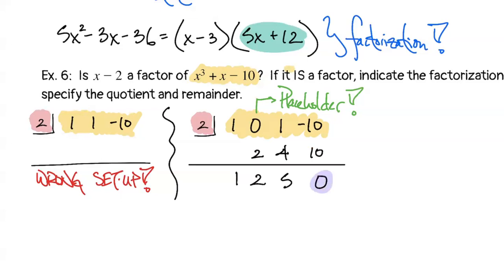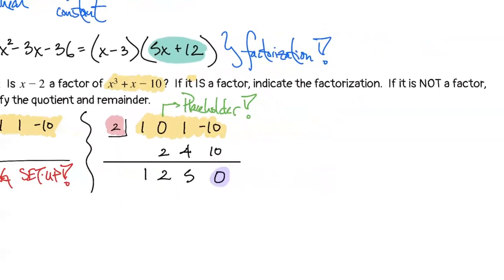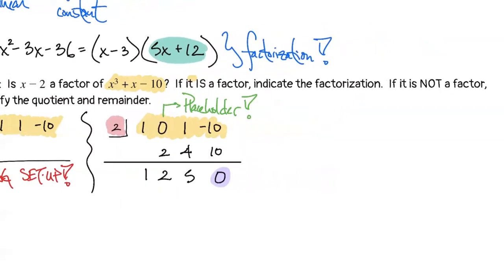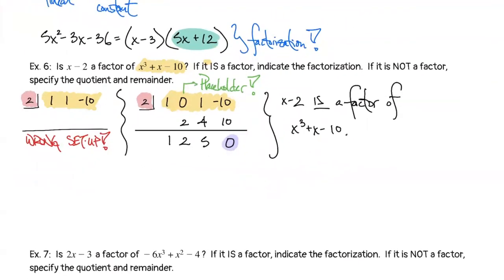Factor or not? Yeah, x minus 2 is a factor of x cubed plus x minus 10. Beautiful. All right, and it's because that remainder is 0.